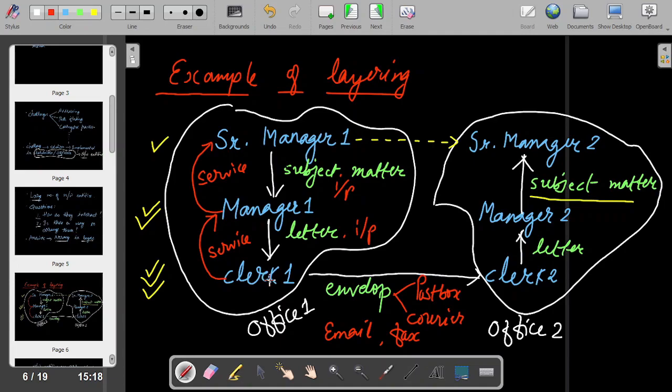But as long as manager 1 is satisfied with services of clerk 1, there is no problem if clerk 1 changes the way he implements his service.